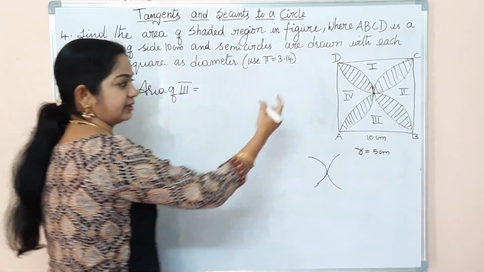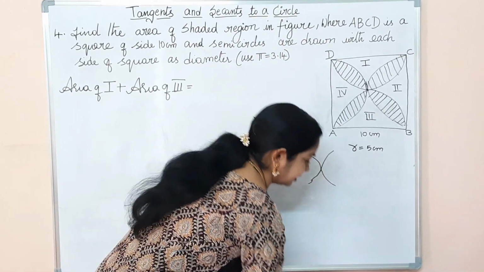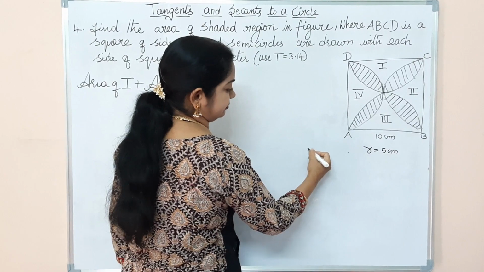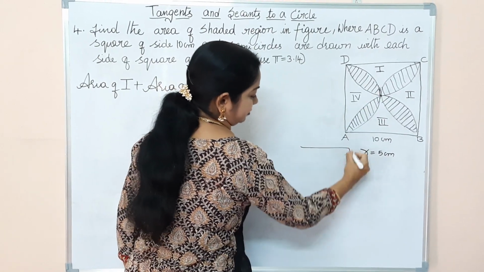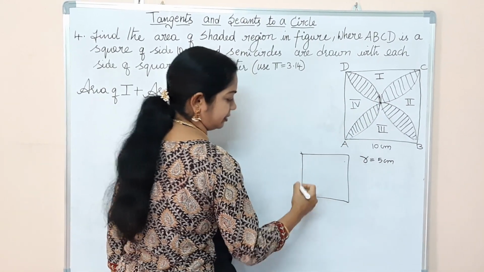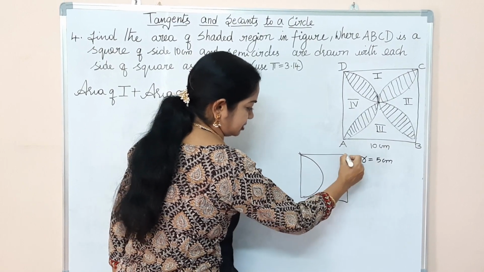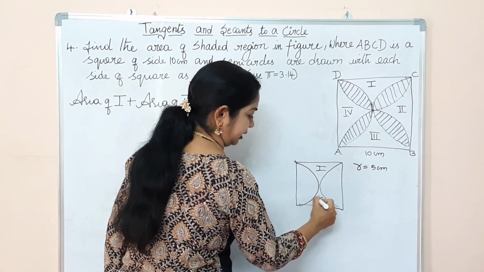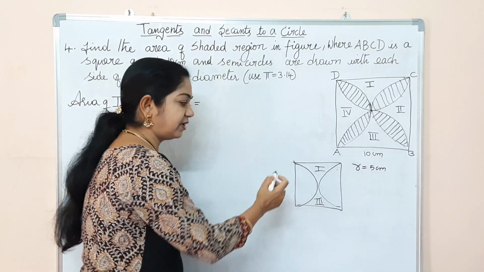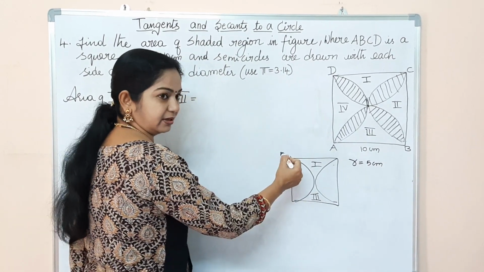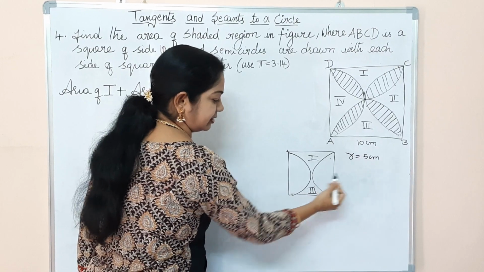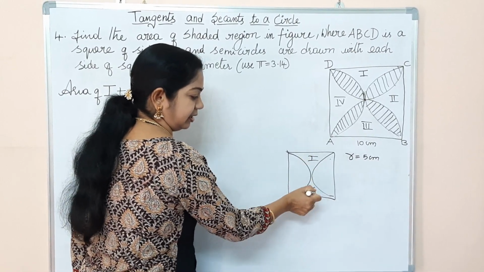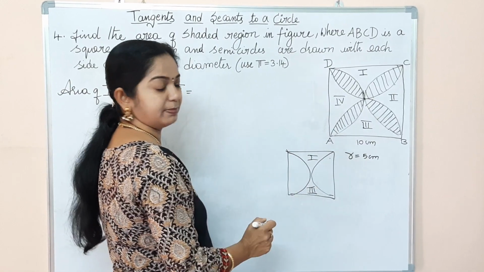So how will we get the area of the first part and the third part? See here. If I take the same diagram, this is a square. These are the two semicircles. So I want this part and this part, the area. So if I find the area of the square and I subtract the area of the two semicircles, then I'll get the area of first and the third part.